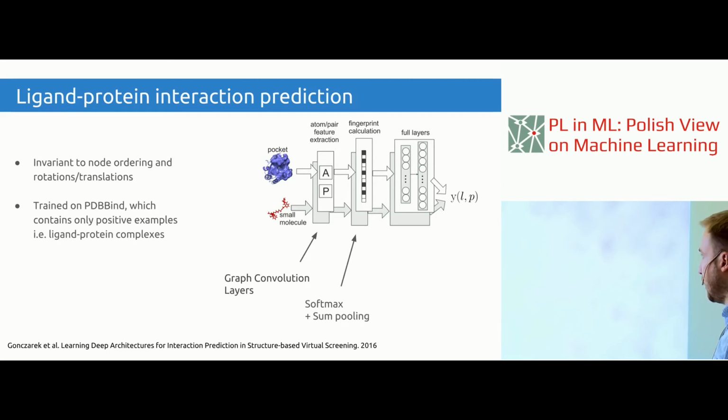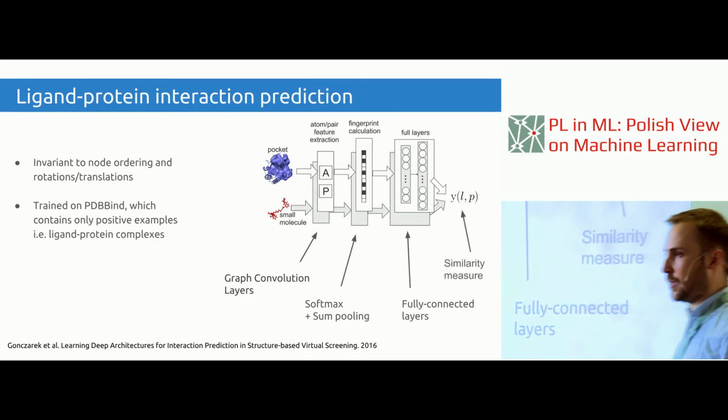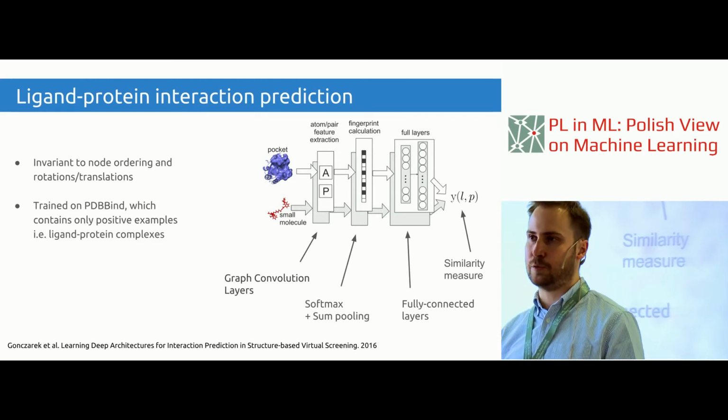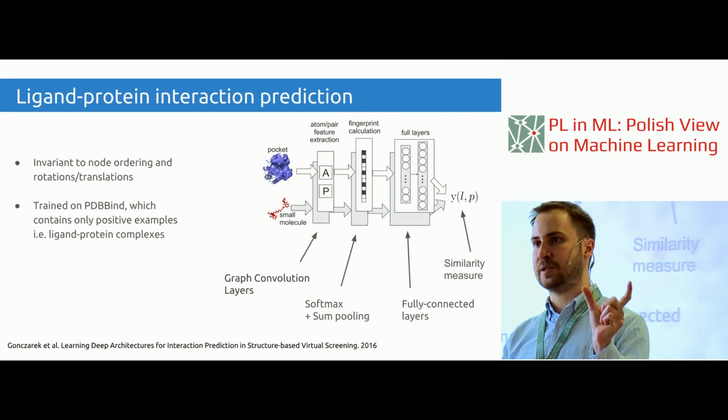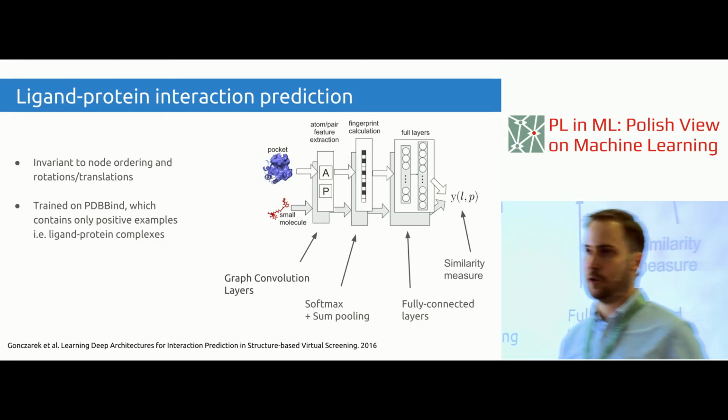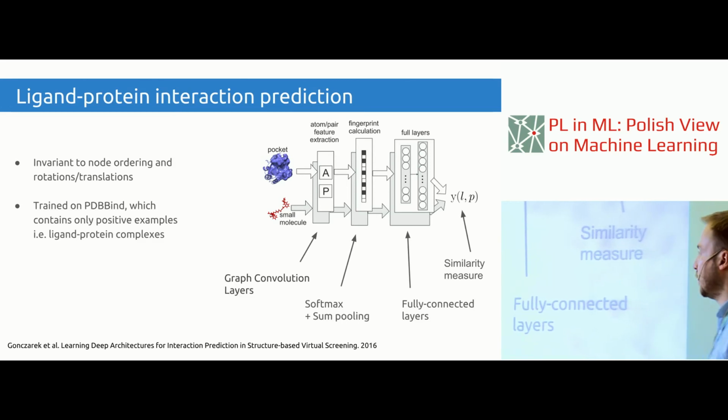Then we are processing it using fully connected layers. And at the end, we are just taking a kind of similarity measure. So basically, it can be just the inner product between the 2 latent representations at the output, or you can take some kind of cosine similarity or whatever.